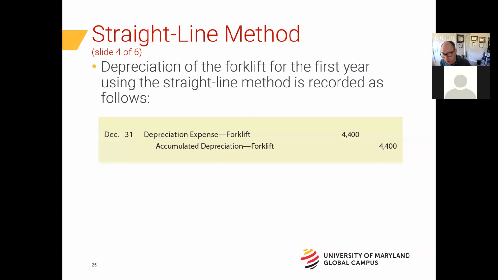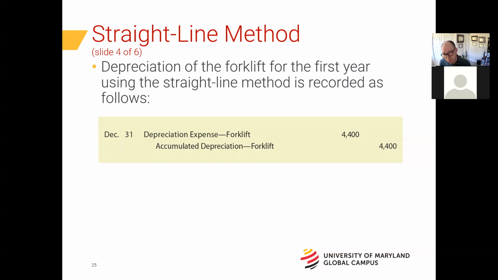What about the journal entry? The journal entry at the end of each year. This is what you'll call an adjusting journal entry, or a special journal entry, whichever you want to call it. But it's an adjusting entry, right? That we do at the end of each accounting period. So at the end of each year, I'll make an adjusting entry for the depreciation of my forklift.